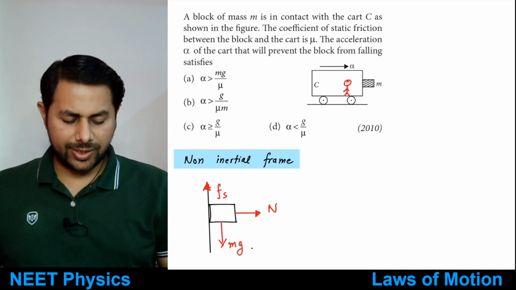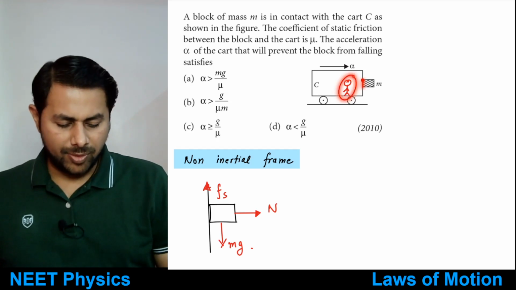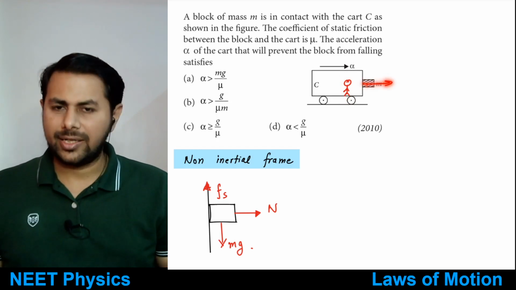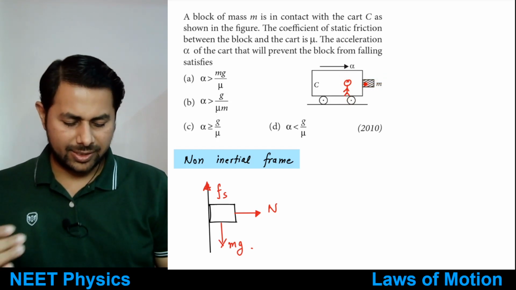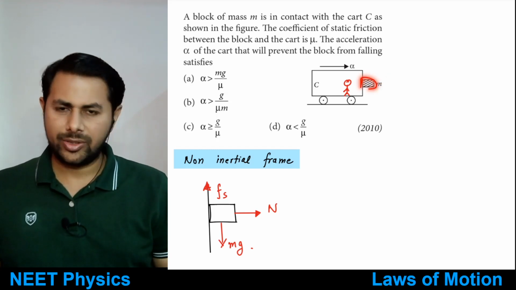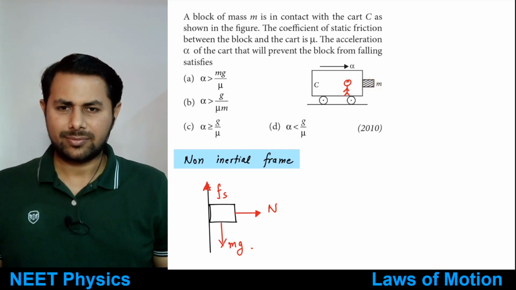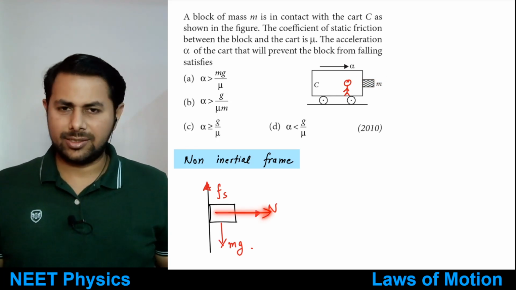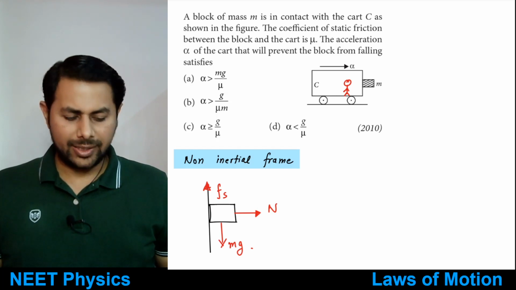right? So for this person, the block is steady, which means he knows that there is a normal reaction acting in this direction. But if there was only one force acting in this direction, the block wouldn't be steady, right?